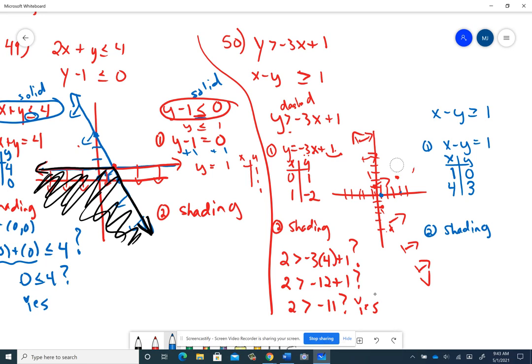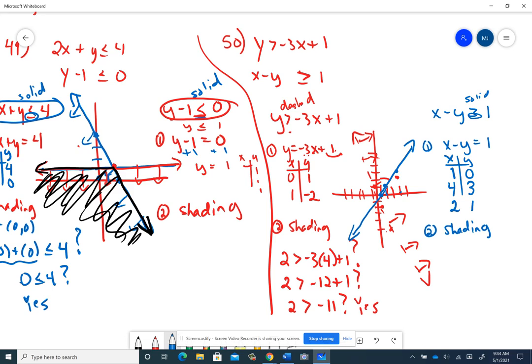Let me erase that. 4, 2. Here's 4, 3. I could have done 2, 1, right? Any coordinates that I subtract and get 1 would have worked. This one is solid. So I'm just going to do something like that.